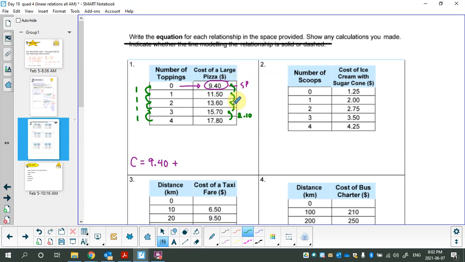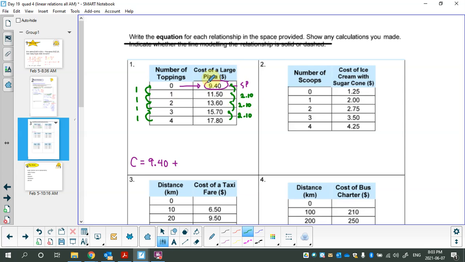Then I'm going to do it again. $15.70 minus $13.60, 2.1, so $2.10. Do it again. $13.60 minus $11.50, same thing. So far we're doing well.